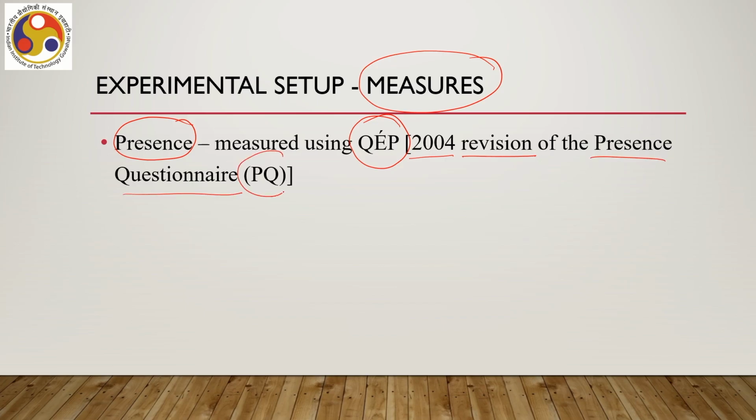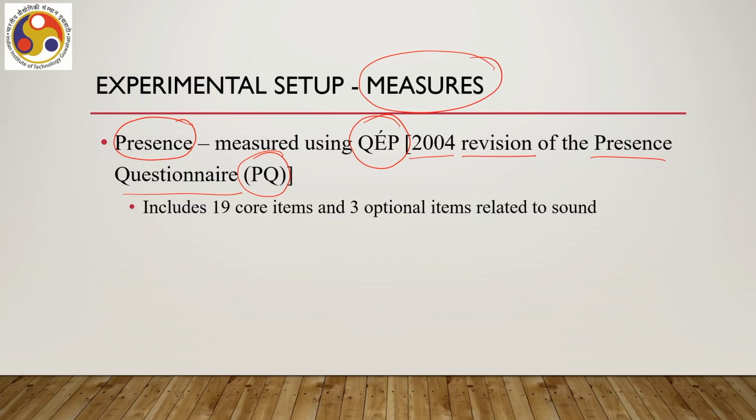The presence questionnaire is a standard questionnaire to measure presence. You can find out more about it yourself. We used the revised version proposed in 2004, called the QEP. It includes 19 core items and 3 optional items related to sound.